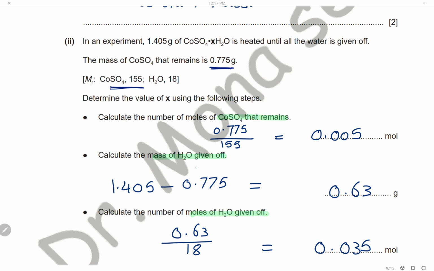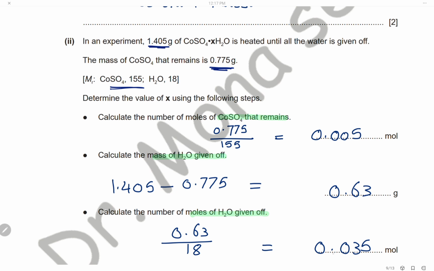And to calculate the mass of water, we will subtract the mass of the anhydrous from the mass of the hydrated salt. So 1.405 minus 0.775 will be 0.63 grams of water, and the number of moles of water is the mass of water divided by the MR of water, which is 18.